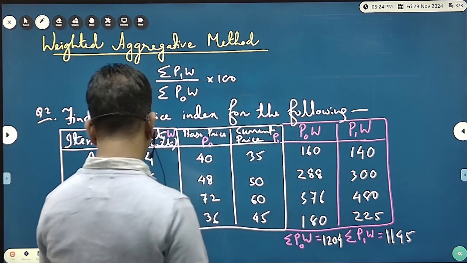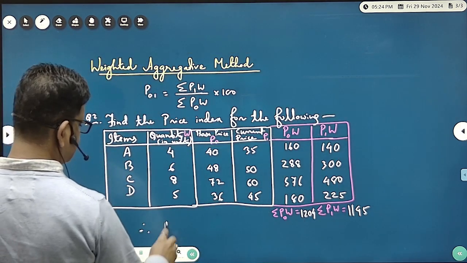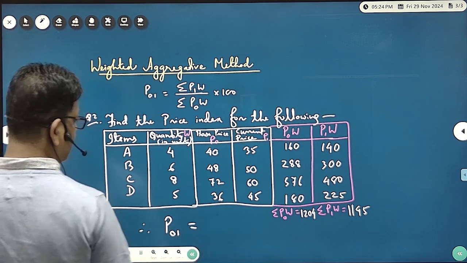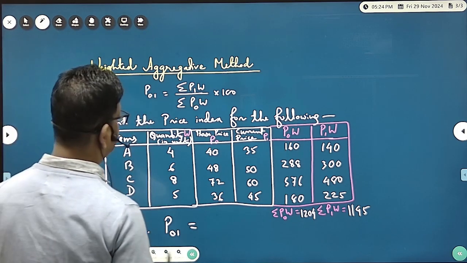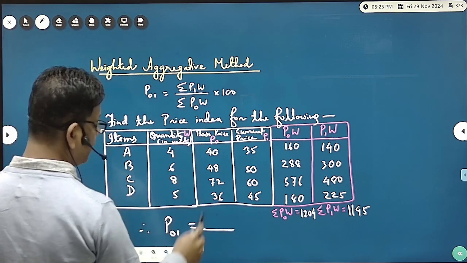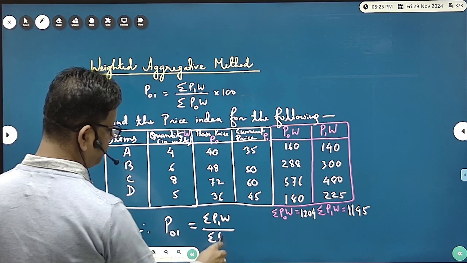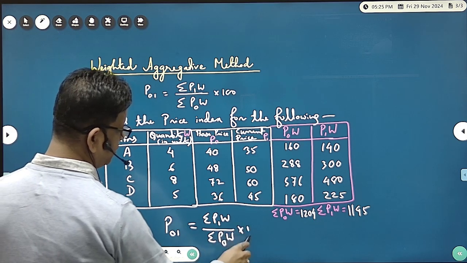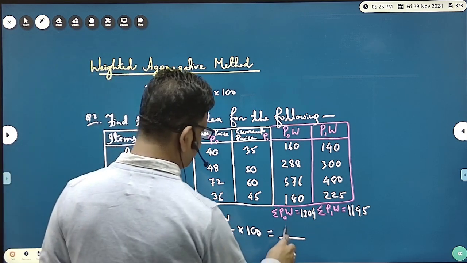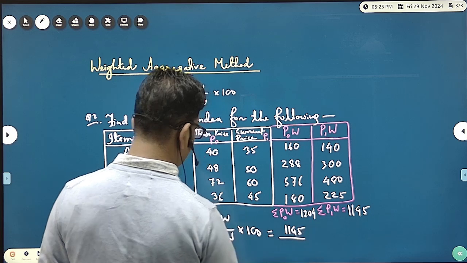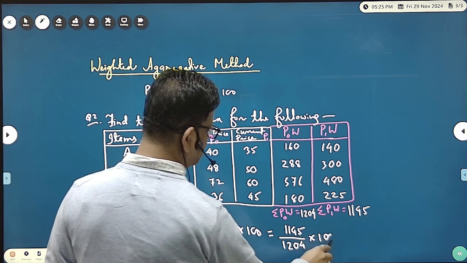Now the question is to find the price index. Since weighted items were given, we must go by the weighted aggregative method, and this is the formula I have already mentioned. It is the summation of P1W divided by the summation of P0W, multiplied by 100. So P1W is 1145 divided by P0W 1204, multiplied by 100. Please do the calculation.